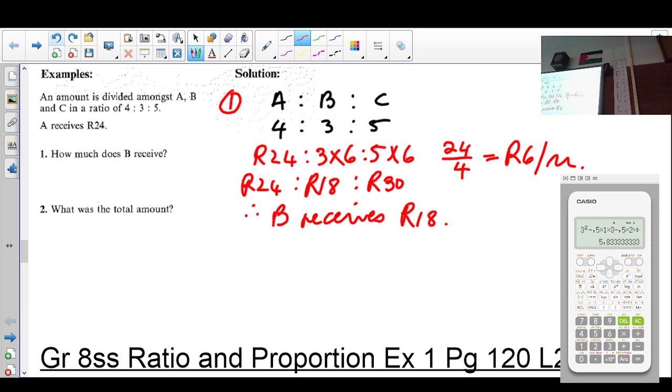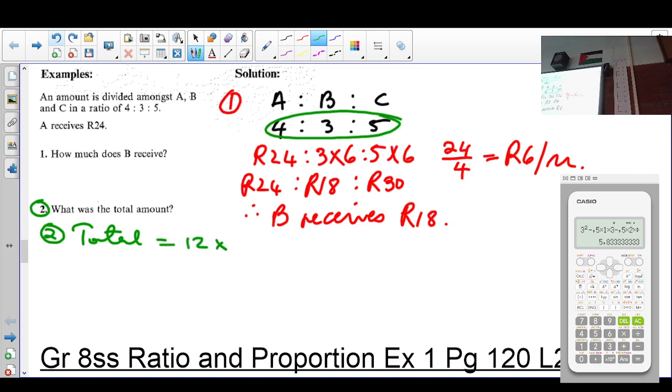Okay. Let's look at number 2. Number 2 says, what was the total amount? So the total is simply going to be, I can add this up. It's going to give you 12 units.